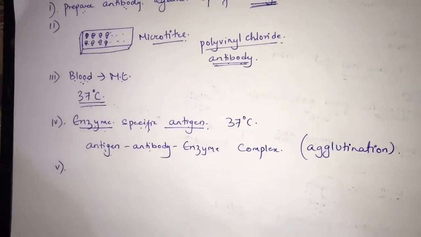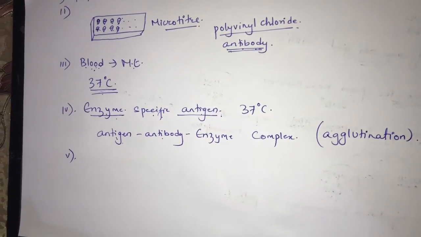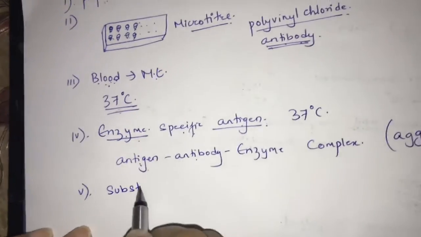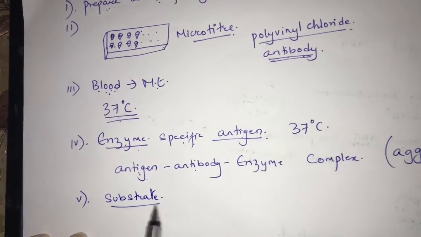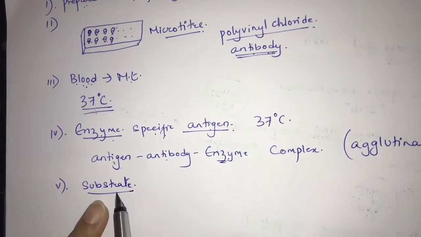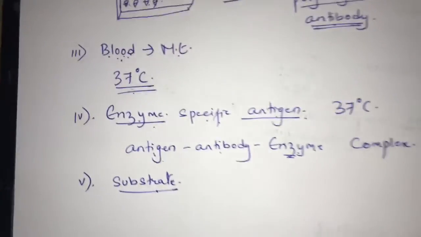Now add the substrate for the enzyme to form a color complex. Now we need to add substrate for this enzyme. Now after adding substrate, what happens?